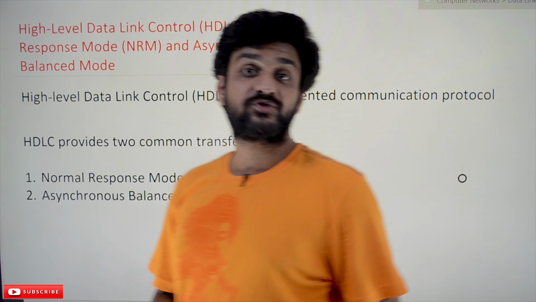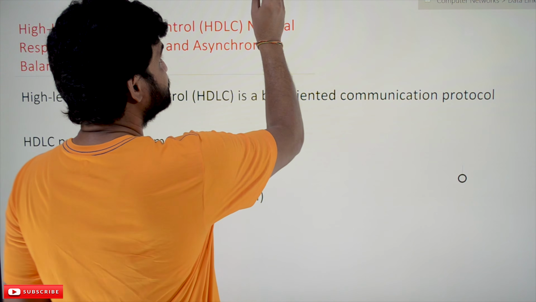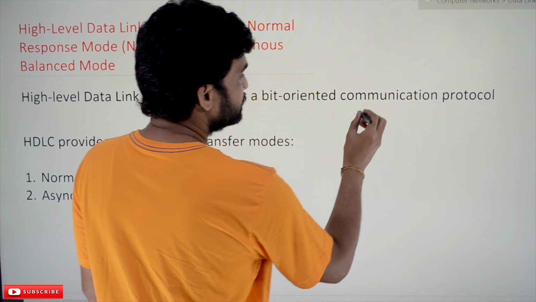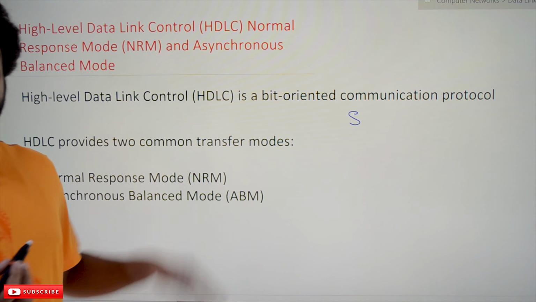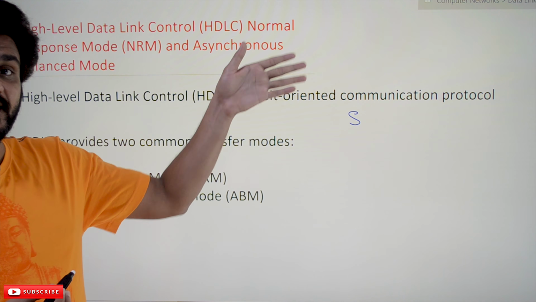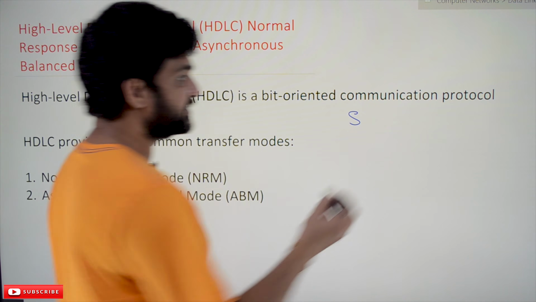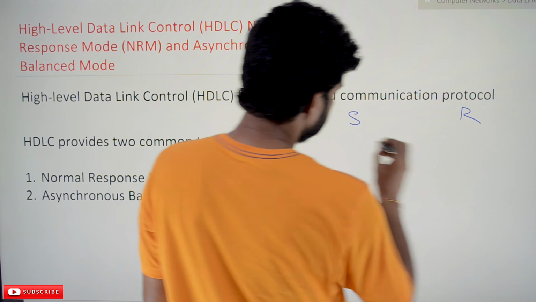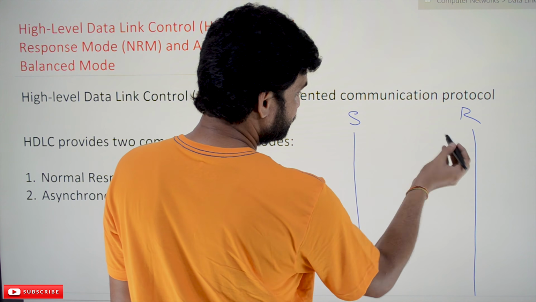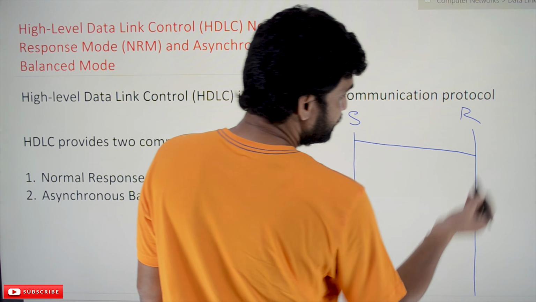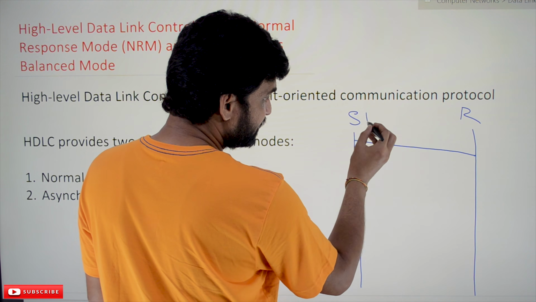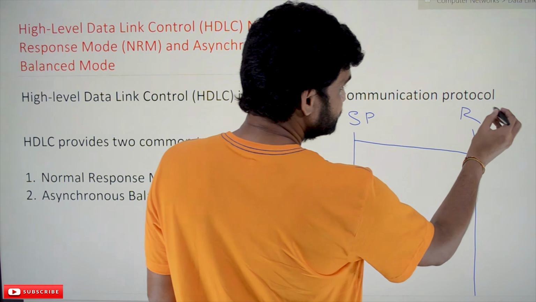So what is this normal response mode? We have already discussed this concept when we talked about stop and wait, go back and selective repeat. There we said that the sender is going to send the data, and the receiver receives it. This sender is what we call the primary node, and the receiver is the secondary node.